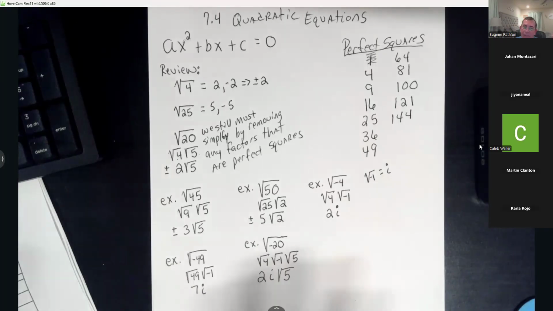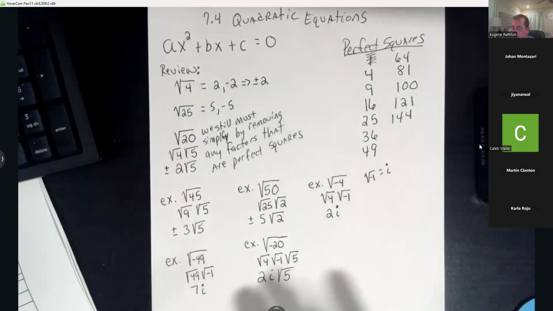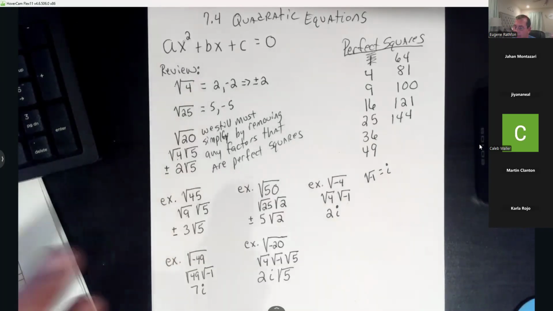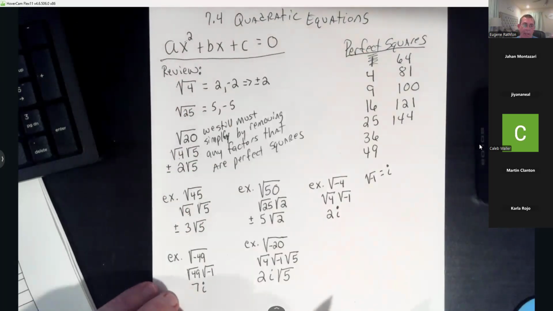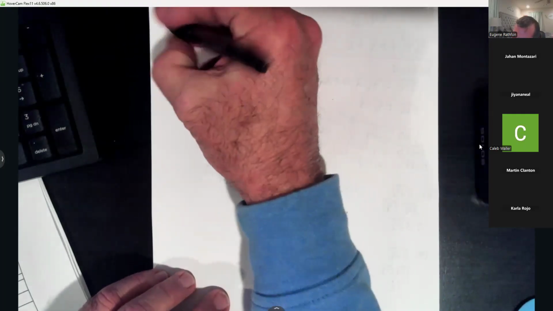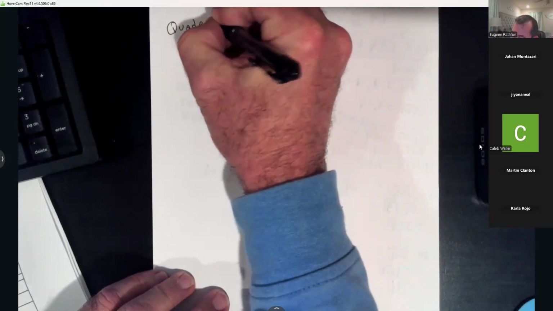All right, y'all, that's my review on this because we're about to play with a big formula and it's got a big square root on it, okay? So we're about to start solving quadratic equations. To solve quadratic equations, I'm going to use the quadratic formula.